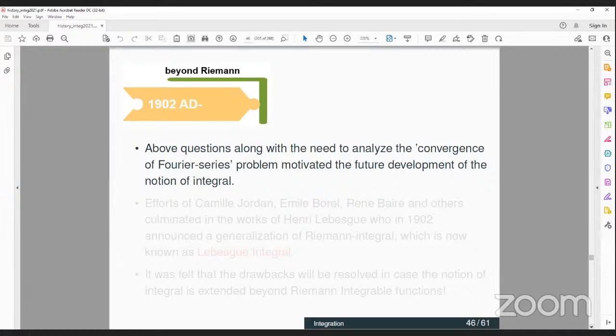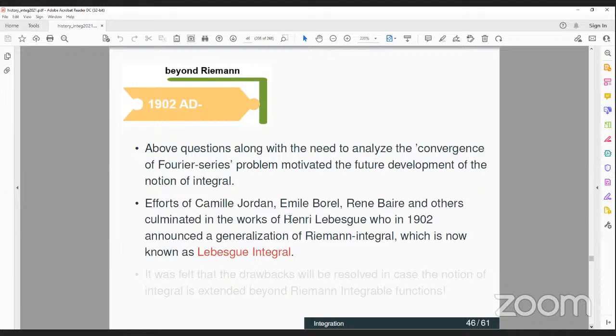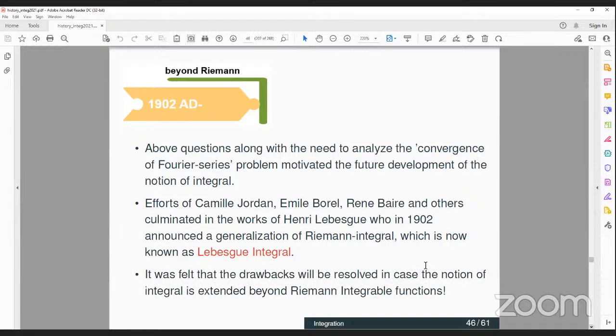Beyond Riemann, the efforts of mathematicians like Camille Jordan, Emile Borel, and Baire culminated in the work of the mathematician Henri Lebesgue in 1902, where he defined a new integral called the Lebesgue integral.